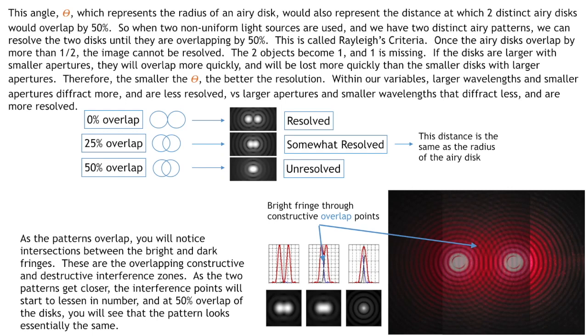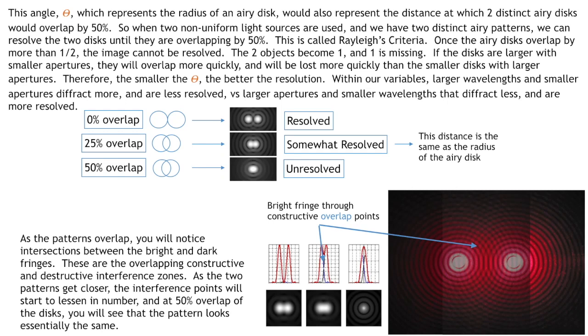So as the patterns overlap, you'll notice intersections between the bright and dark fringes. So this kind of crisscross pattern that the minimums overlap with and the maximums overlap with creates interference patterns between the bright and dark fringes. And these are constructive and destructive interference zones. So as the two patterns get closer, the interference points will start to lessen in number.